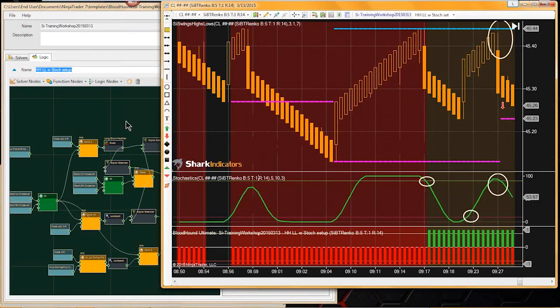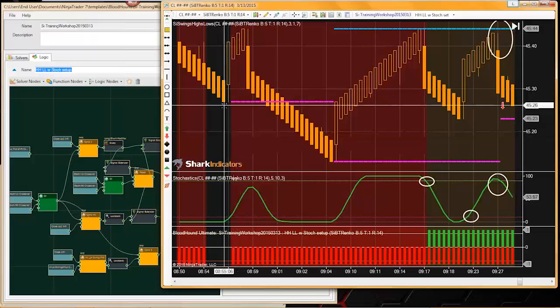So, I can see, let's see. Yeah, so this logic I used for the reset isn't working as expected.